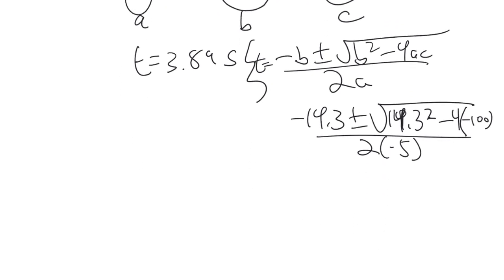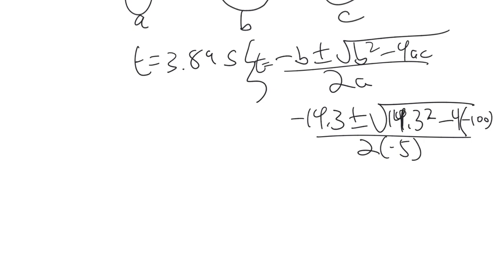So let's do inside the radical: 14.3 squared plus 400, and take the square root of that. I got 24.59.